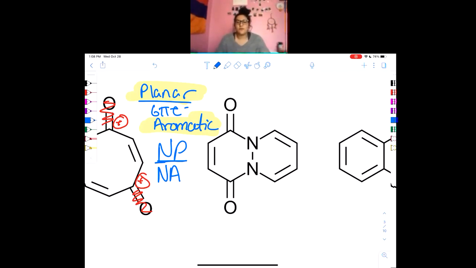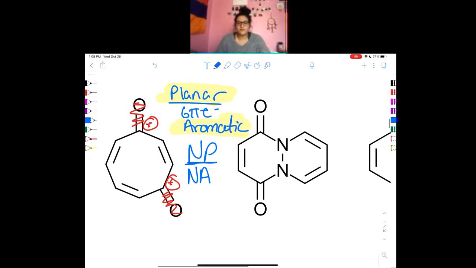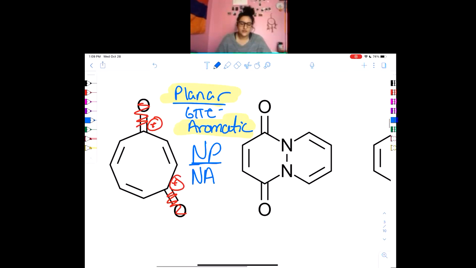So one thing I realized that might have been kind of confusing from my last session was I never clarified. When you have aromatic rings, you can have monocyclic or multicyclic. So here we have 2 rings, right? We have one cyclohexane and another cyclohexane that are connected by this bond.